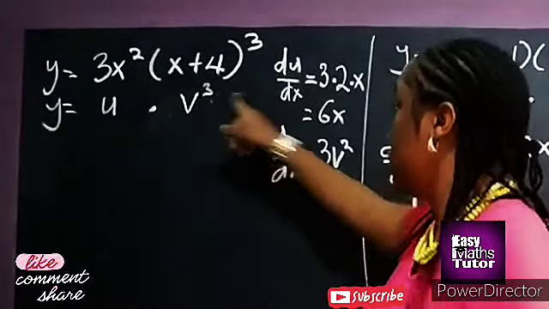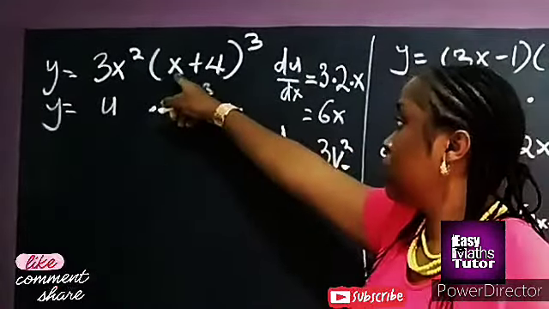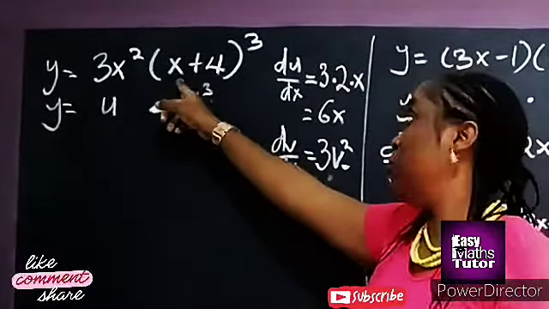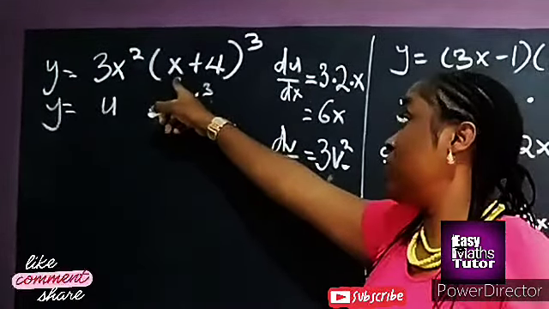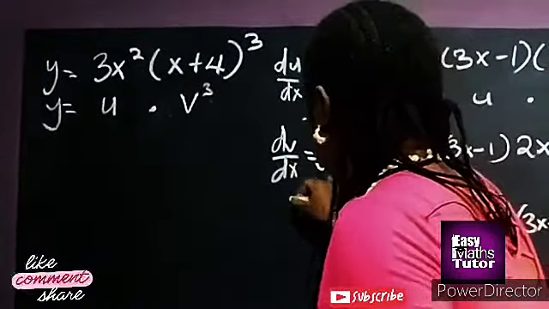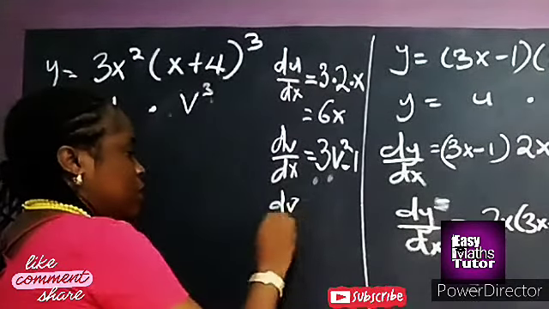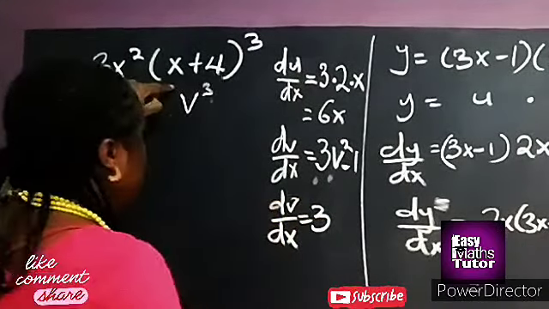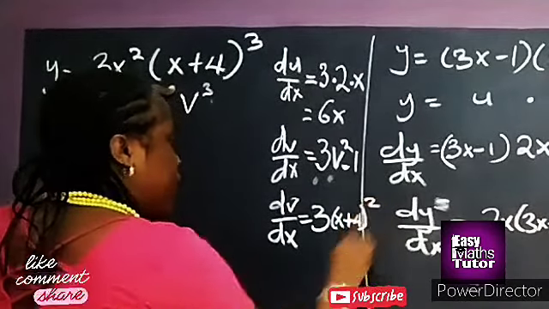Then the power minus 1, which is v raised to power 2, times the differential of the function that is inside the bracket, right? So we have 1. The differential of x is 1. The differential of 4 is 0. So we have one here. So the dv/dx is equal to 3, right? Bracket x plus 4 squared.